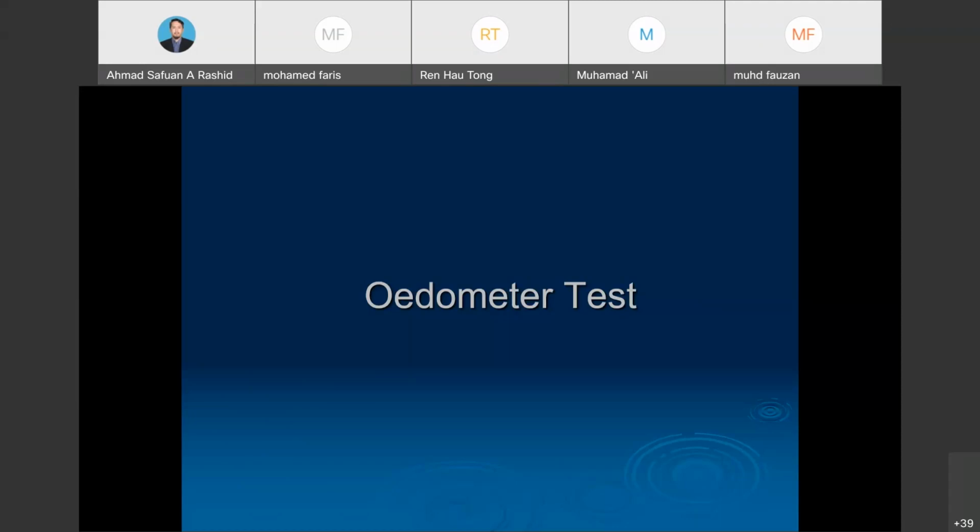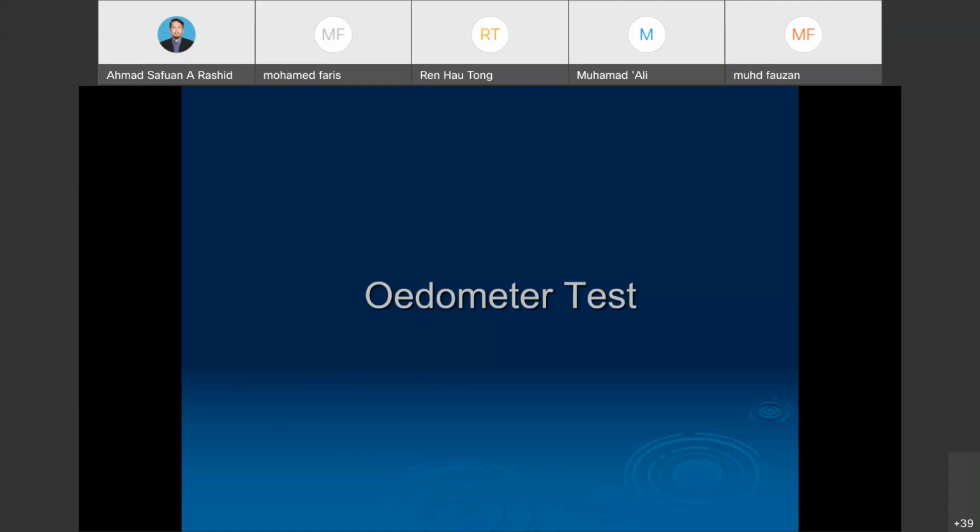Usually we have three types of test, where each test has different advantages. Today we will discuss only the oedometer test, and it is a stress control test.